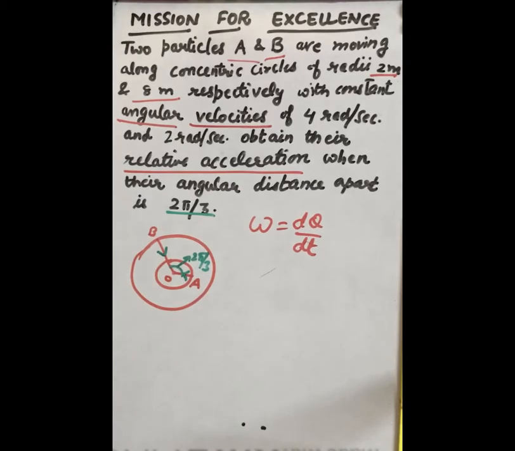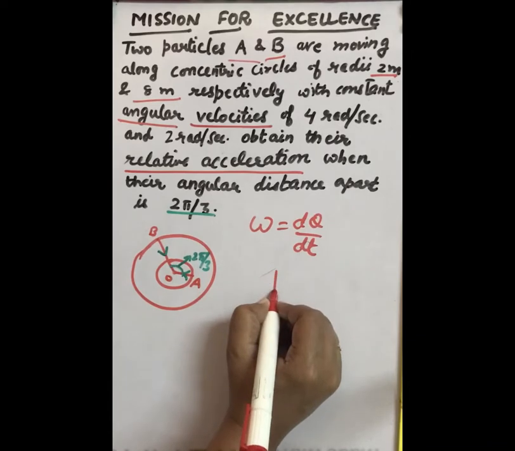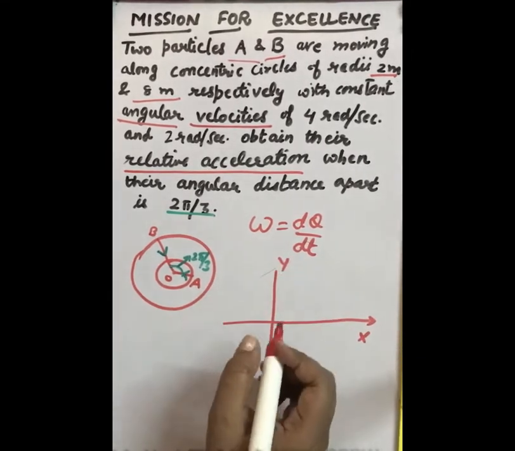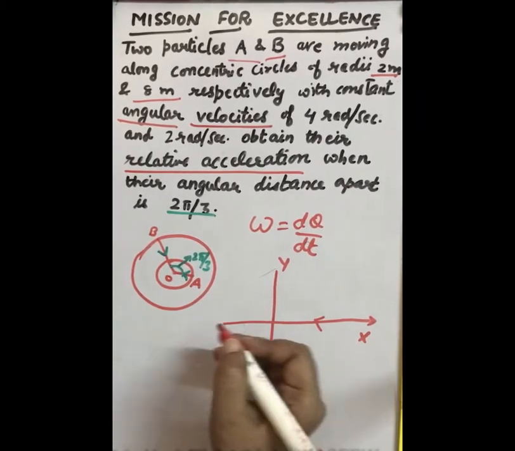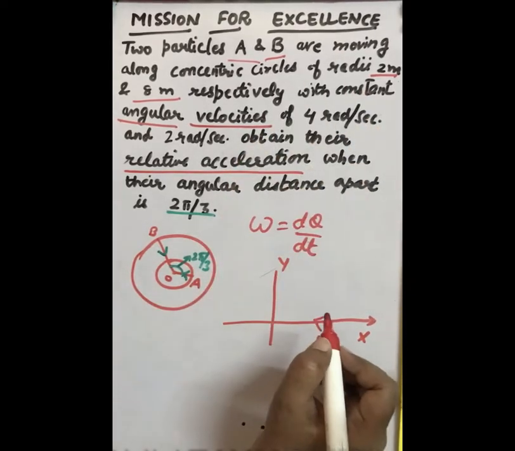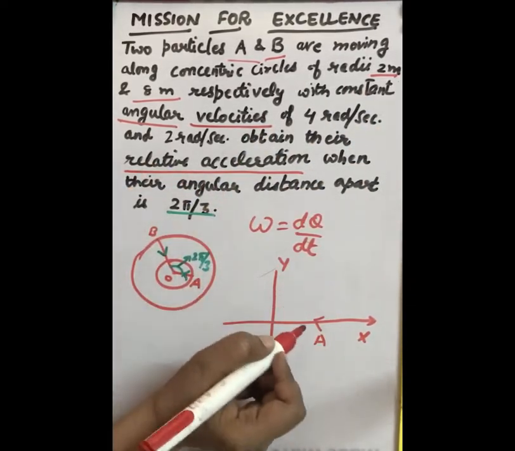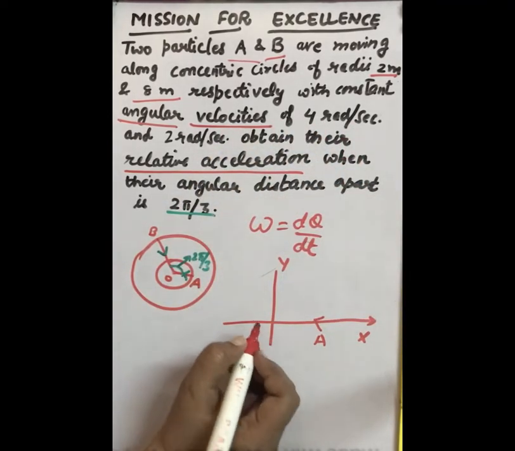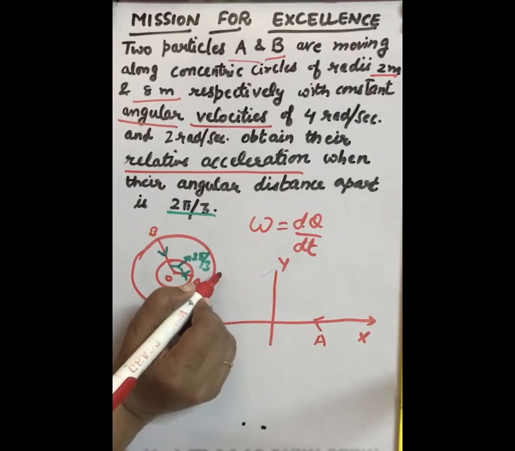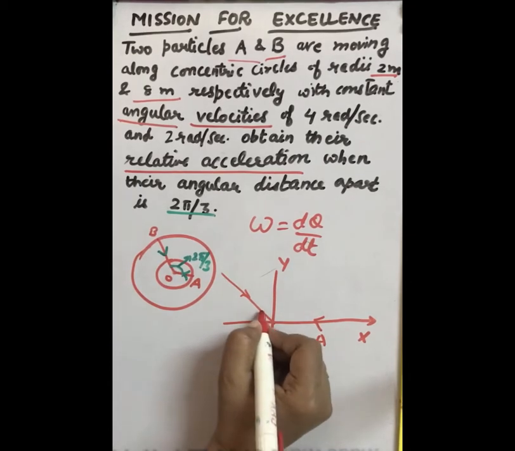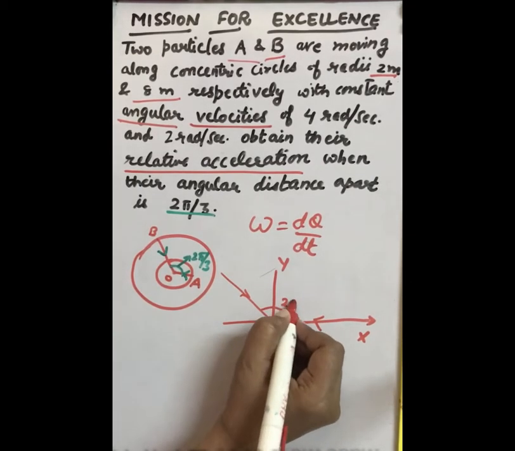So now let us denote it. This is x direction and this is y direction. So A is moving with angular velocity 4 radian per second, and this is B, and the angle between them is 2 pi by 3.